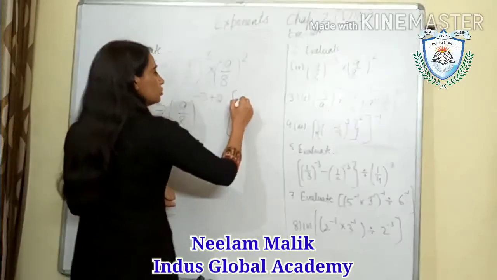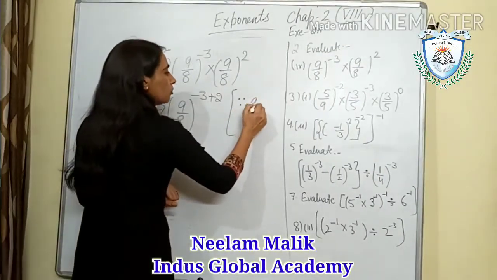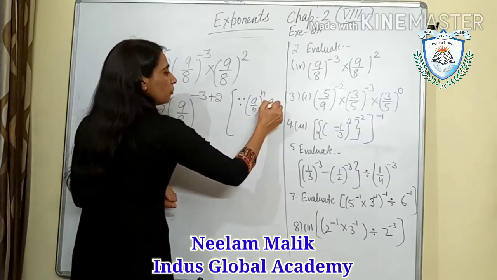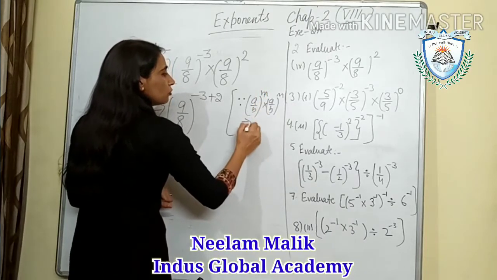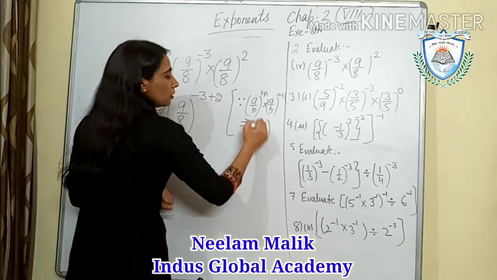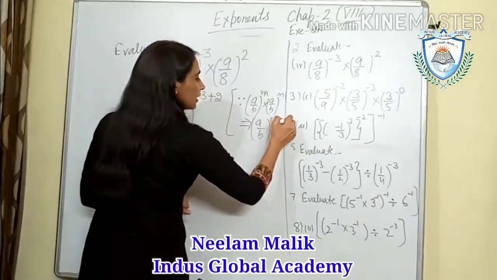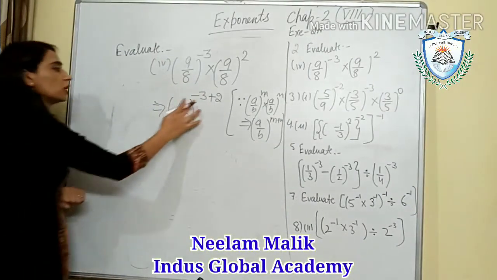Here in the brackets you can write, because we know that a upon b power n, multiplied by a upon b power m, is equal to a upon b power m plus n. Okay, this is our identity or this is our law. So here the powers will be added.